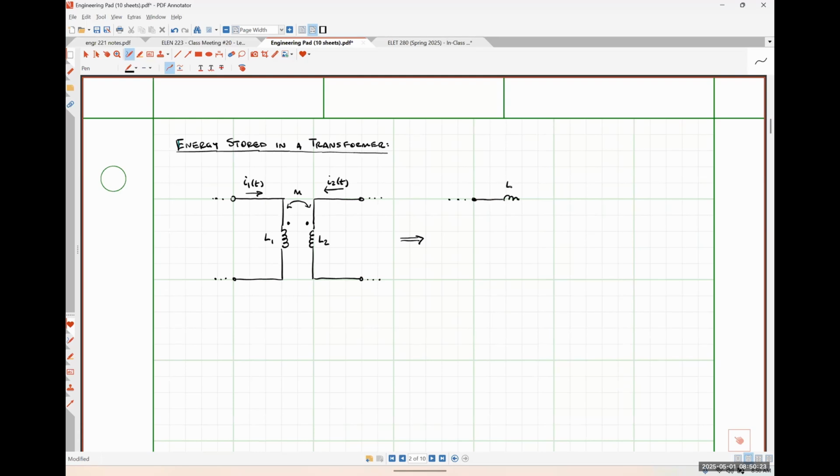So here's my inductance L sub X. Here's my inductance L sub Y. I'm sorry, that should be L sub Z. And here's my inductance L sub Y.